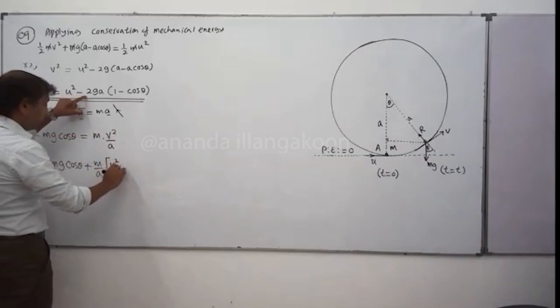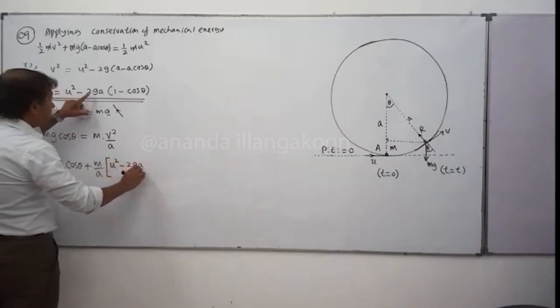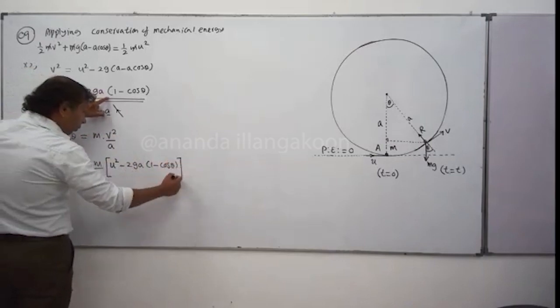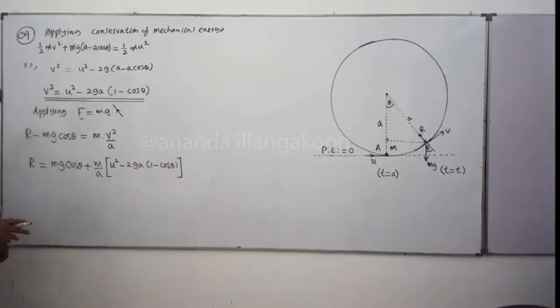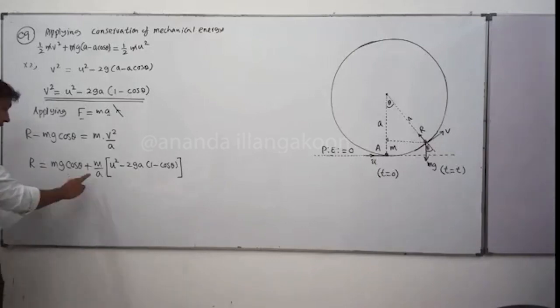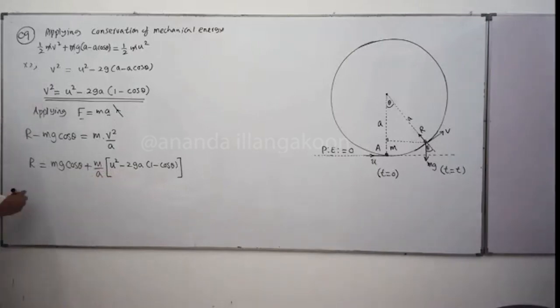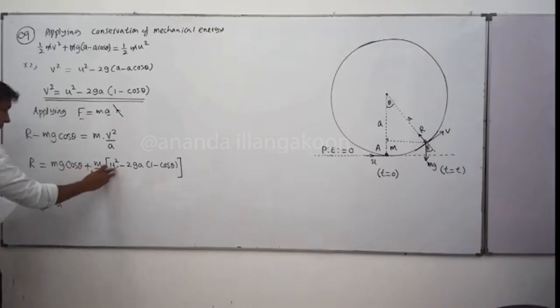U squared minus 2GA times 1 minus cos theta. We can take it by multiplying this, mU squared upon a.